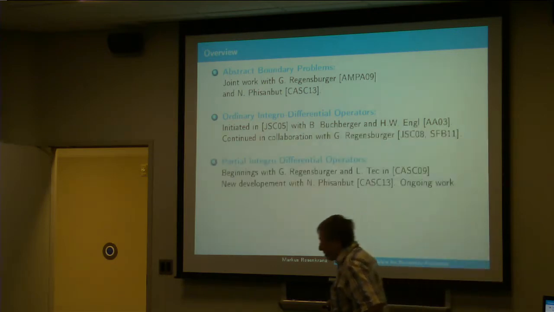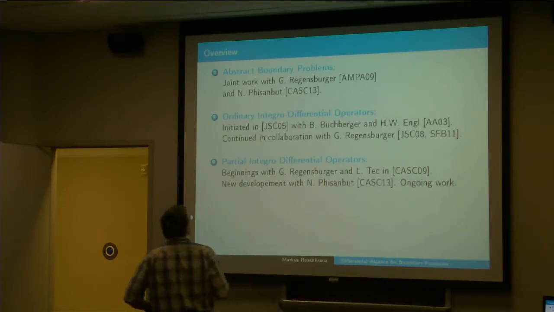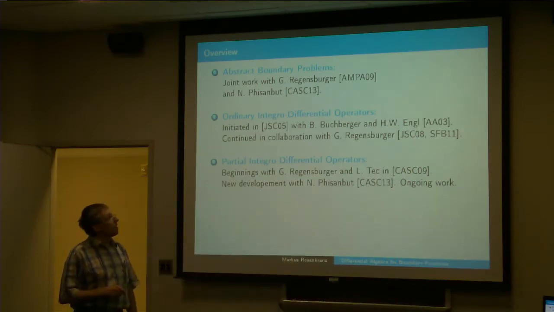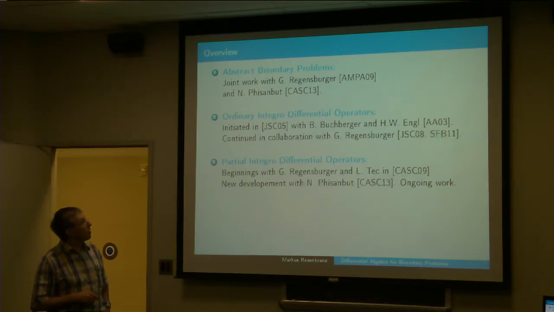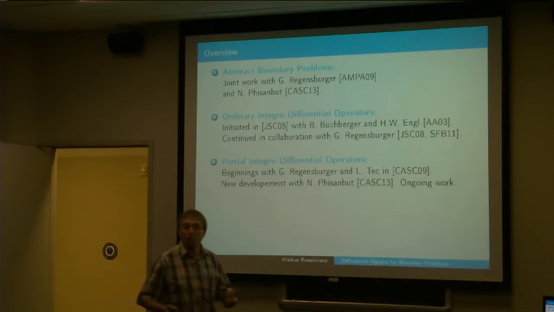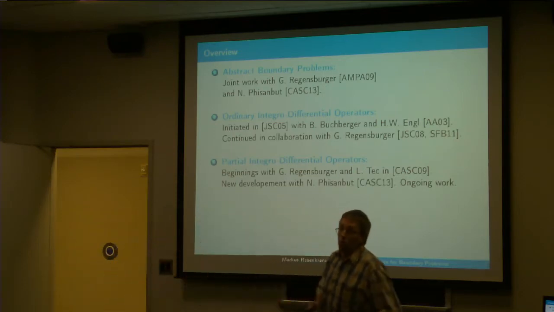Okay, and then in the third part, I'm going to look a bit more in detail at PDEs, what happens here, and that's just really work in progress, very much preliminary, but I think some interesting ideas are there that just have to be elaborated, and I'm grateful for any kind of inspiration that I can get from you guys here.